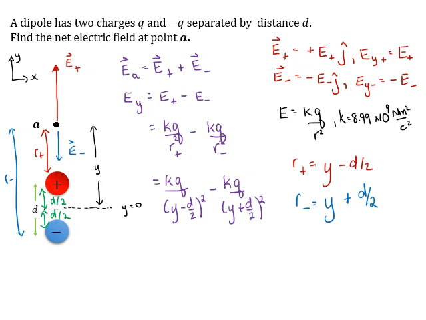Okay, now we've got to figure some stuff out. This is a little bit of a tough calculation to do. Let's remember that this distance d is very small, and let's see if we can get a simpler expression for y minus d over 2 squared.